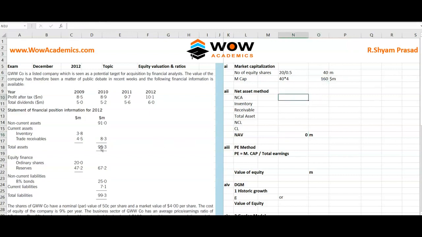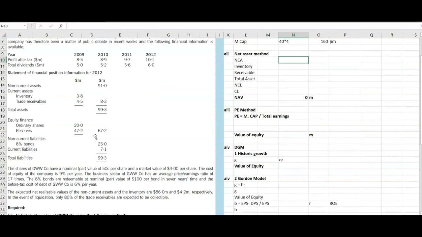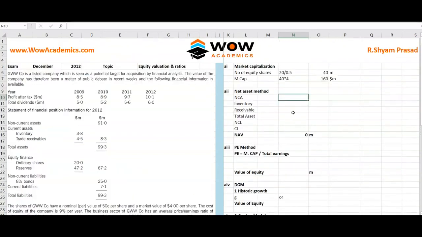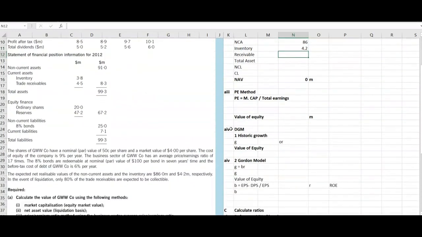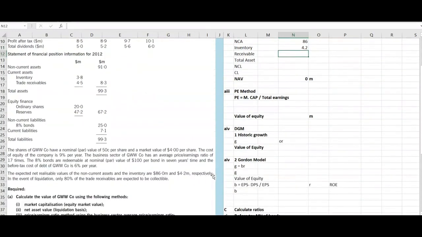So let's see. For realization, they have said here the non-current asset will be 86 million and the inventory will be 4.2 million. So non-current will be 86 and inventory will be 4.2 respectively.